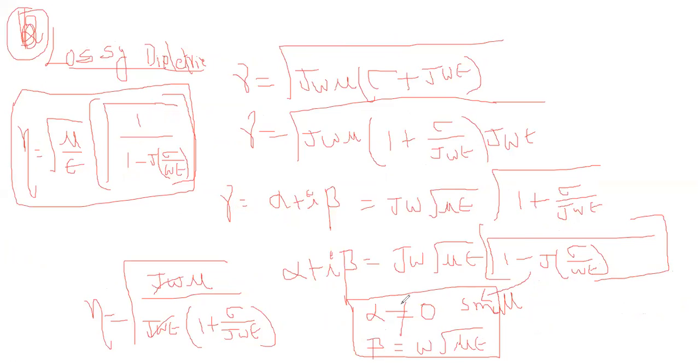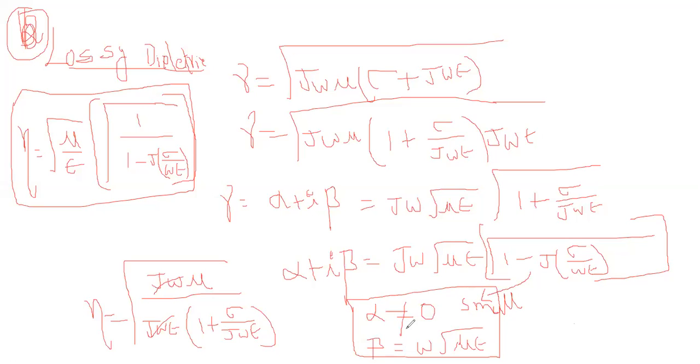So alpha depends upon the frequency, beta also depends upon the frequency, and eta also depends upon the frequency. So definitely there is a loss, an attenuation constant, in the uniform plane wave in a dielectric medium, as it passes from one dielectric to another, at the boundary between them.